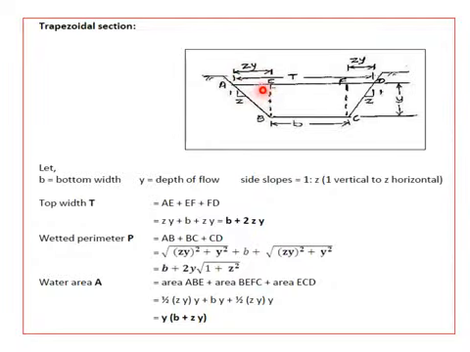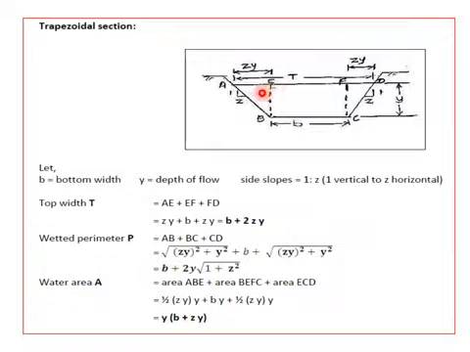Y square is common, so it is Y square into 1 plus Z square, and taking Y out of the root, AB is nothing but Y into root of 1 plus Z square. Therefore the formula is B plus 2 times Y into root of 1 plus Z square. You can remember this formula for the wetted perimeter, which is the total length. It is B, and each side length is Y into root of 1 plus Z square. This is also Y into root of 1 plus Z square. Therefore it is B plus 2Y root of 1 plus Z square.